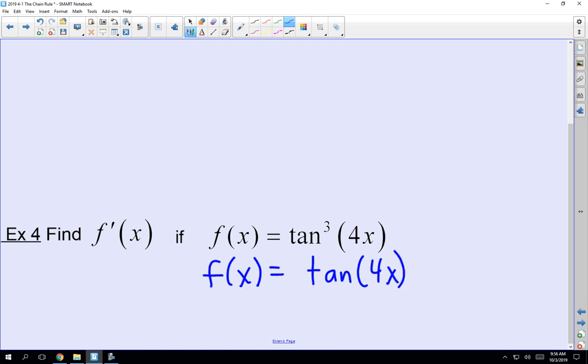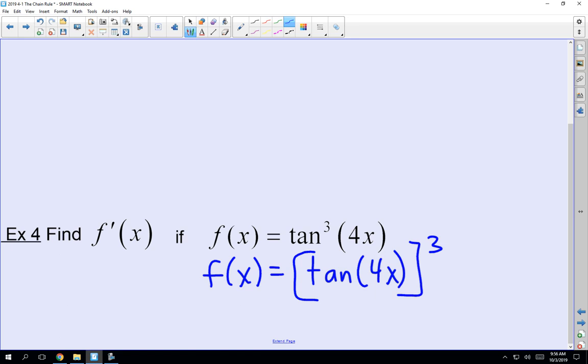So you got to take the derivative of tangent and the derivative of 4x. But then I put the cubed back on here. Now I've got a chain of 3. So it's like you have a power rule here where tangent of 4x is your variable, and then you have the derivative of tangent with 4x as the variable, and then the derivative of 4x. So this is a chain of 3.